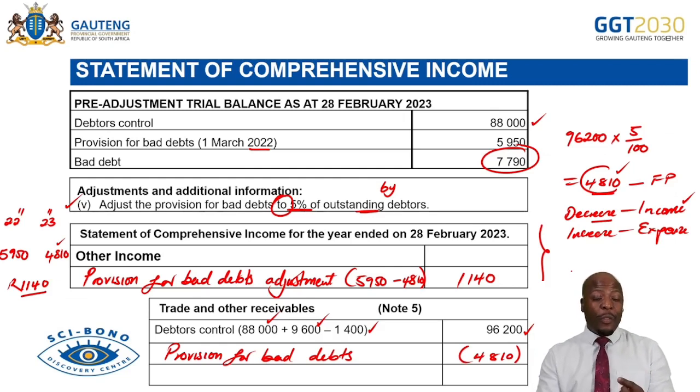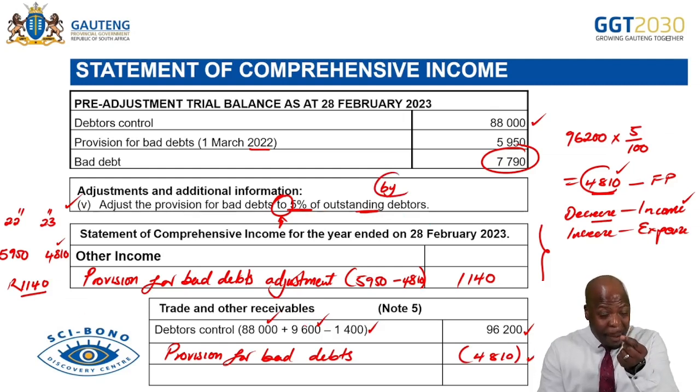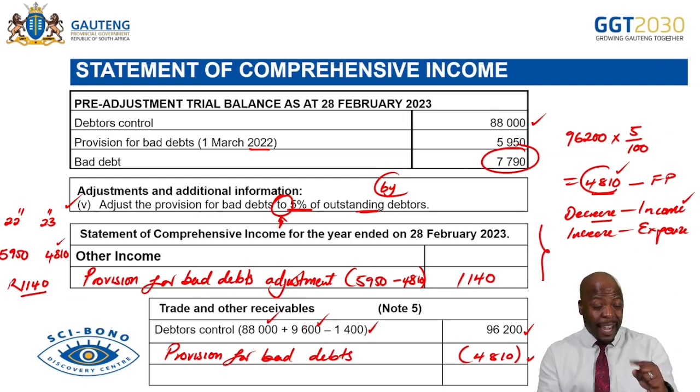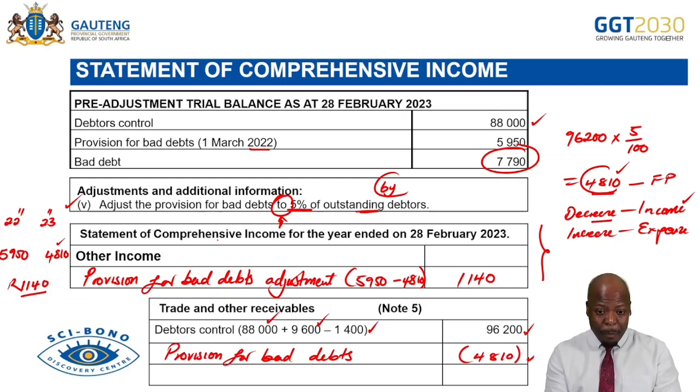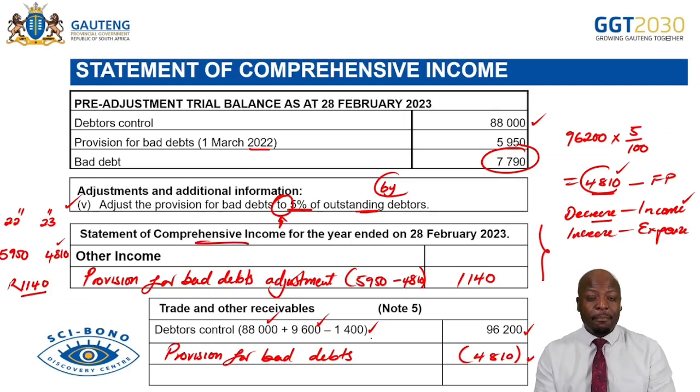And once we hear that it is "to", the figure goes to the statement of financial position, which is what we have here. But when we talk of increased by or decreased by, the "by" amount is what goes to your statement of comprehensive income. All right, if you're good, give me a thumbs up, then I'll move on. Okay, thank you. Let's go on.